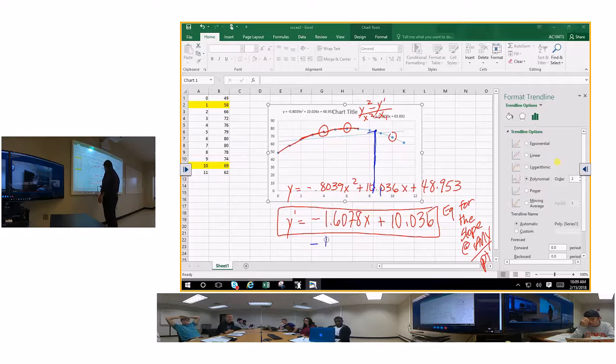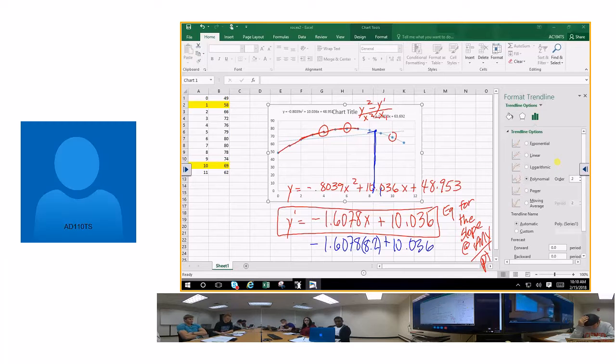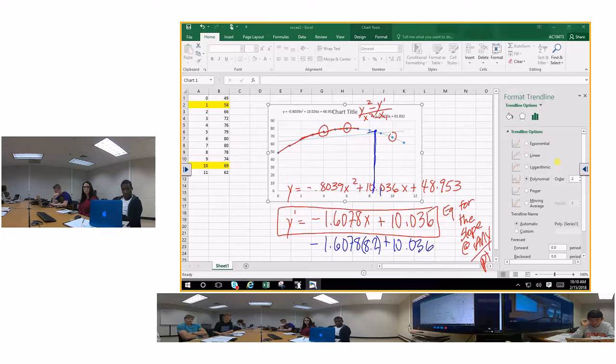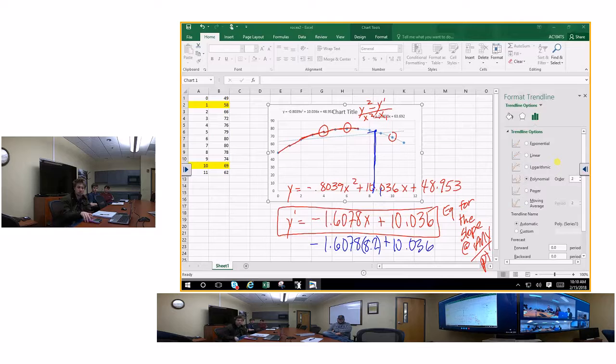negative 1.6078 times 8.2 plus 10.036. Somebody calculate that out for me. Tell me what number you get. It's not going to be negative.